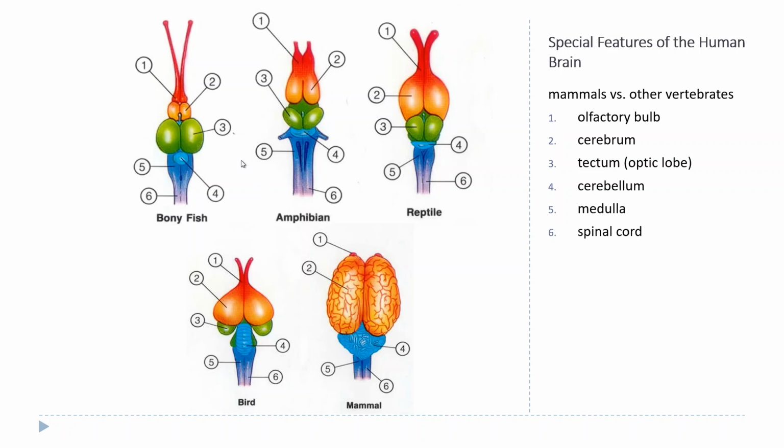In the bony fish brain, for example, the tectum is the biggest part of the brain, and that holds in other species as well. Even in amphibians and reptiles, the tectum makes up about a third of brain volume, and even in birds, you still have a highly enlarged tectum. In these animals, the tectum is sometimes called the optic lobe.